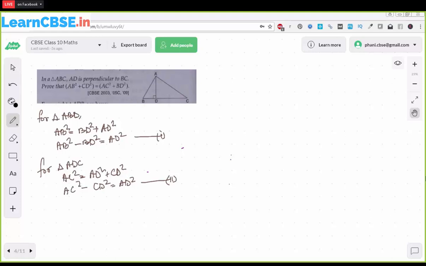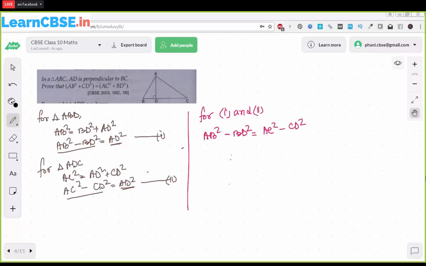So in both the cases we can see these two equations are equal to AD square. So the left hand side of the equations must be equal. From equation 1 and equation 2, we can write AB square minus BD square is equal to AC square minus CD square.